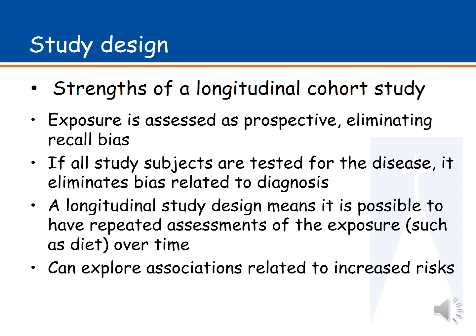And so if you're following an exposure that is well understood or believed to be related to the outcome already, it's probable that those people will be more likely to be tested for the disease. If you consistently test everyone for the disease at the end of the study, then that eliminates any bias related to diagnosis or access to health care.